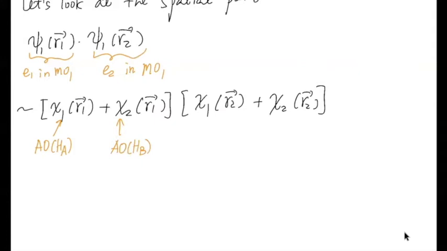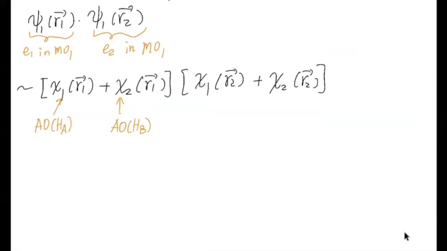So from the first line to the second line, I essentially write the molecular orbital in terms of the linear combination of the atomic orbital basis, right? Okay, and then you can do a product.